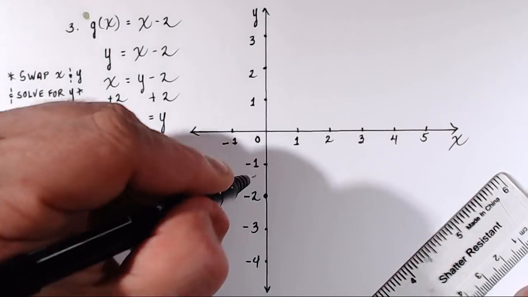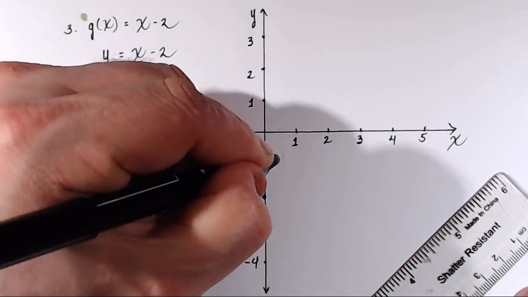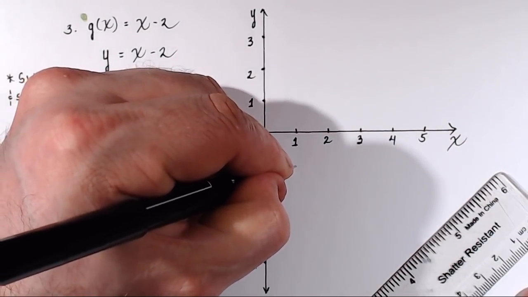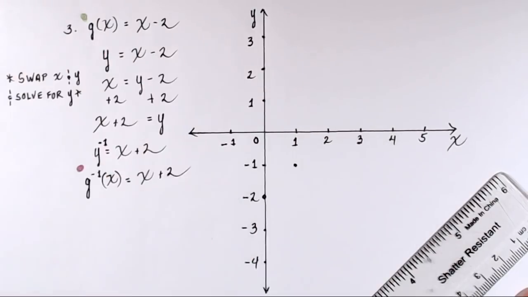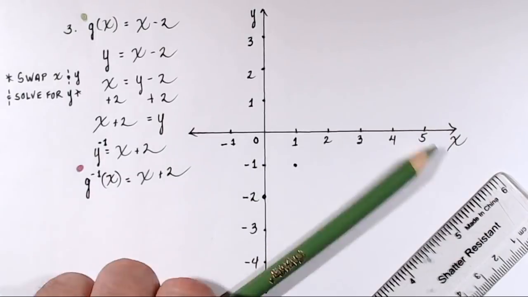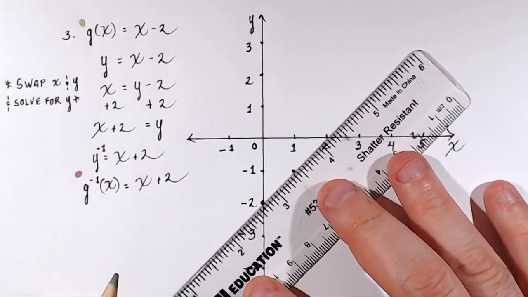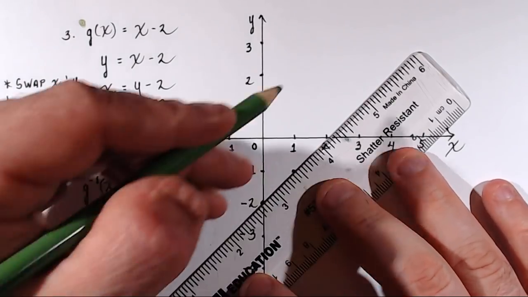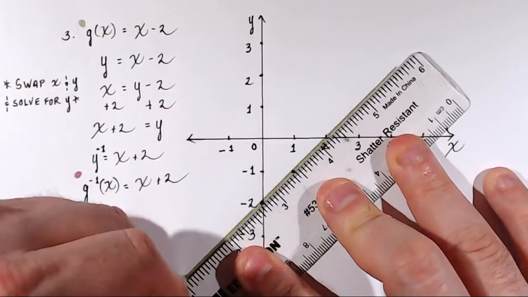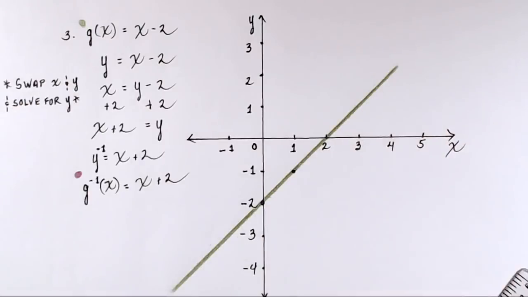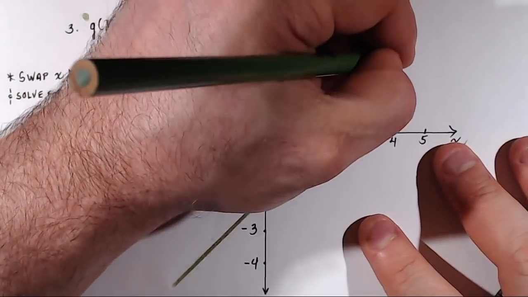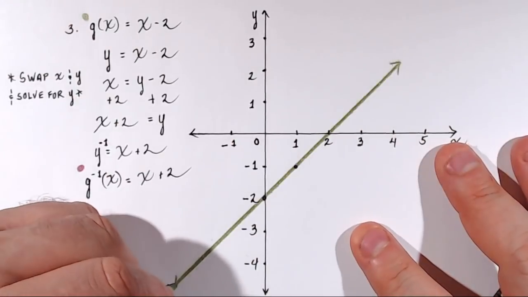And now what we'll do is we'll go up 1 over 1, right there. Now that I have two points, I'll use my green pencil to connect those two points, and this will be my original function. Okay, cap on that.